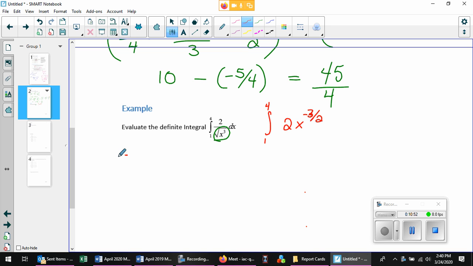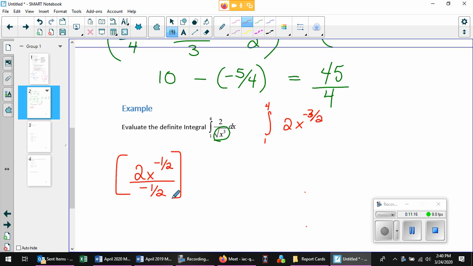All right, so square bracket. We're going to antiderive this, so that means I have to add 1 to the exponent. So I'm going to have 2x to the negative 1/2 divided by whatever my exponent is going to be in my denominator.